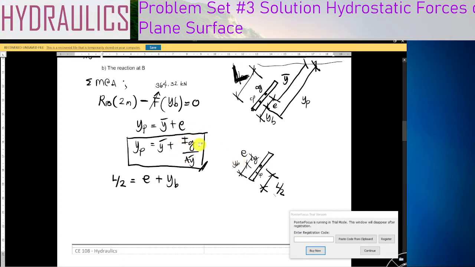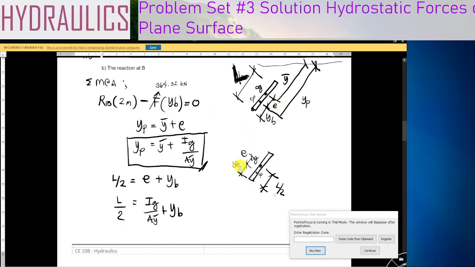Eccentricity is this part. So I can say that I_G over A Y bar plus Y_B is equal to L over 2. It's easier now, right? We made life simpler.